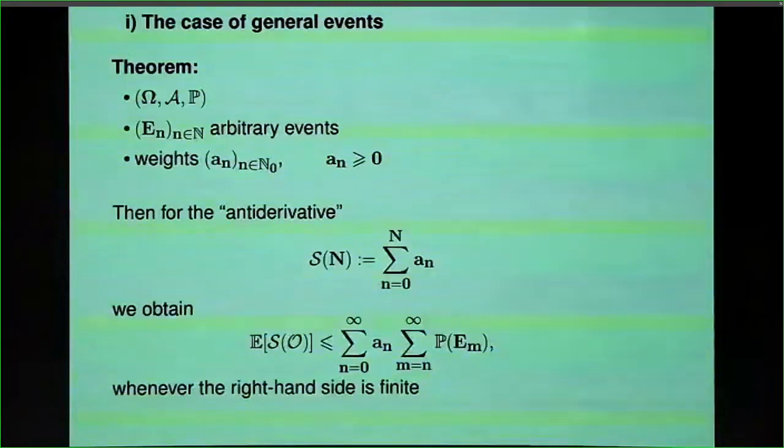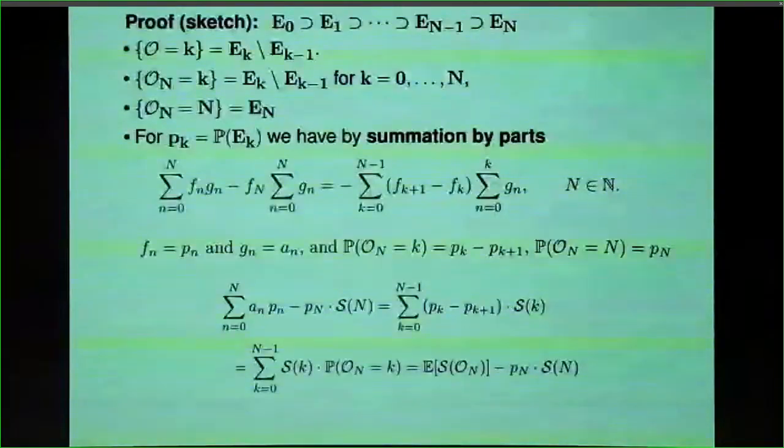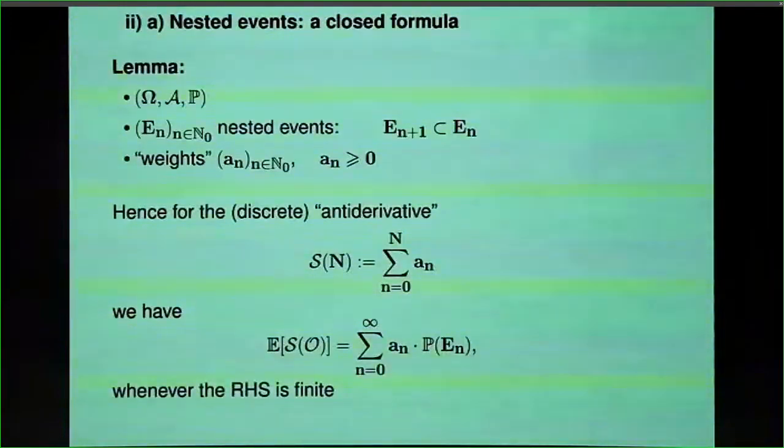This is the general case, the previous one. The monotone case. Monotone case. Mm-hmm. So how far is the second line from bottom to top? This expectation is not the definition of expectation of S of O. Yes, but okay. Yes, you're right.